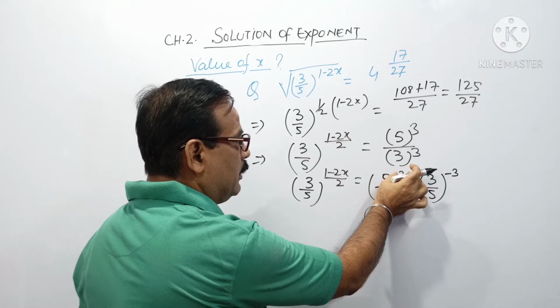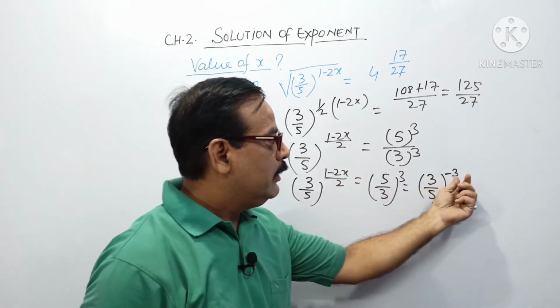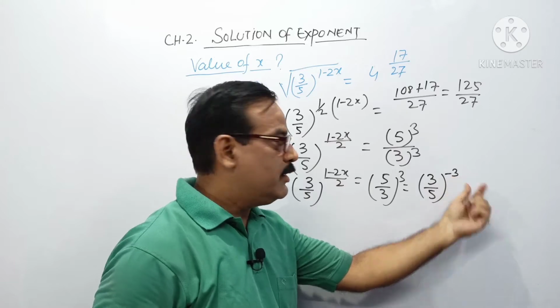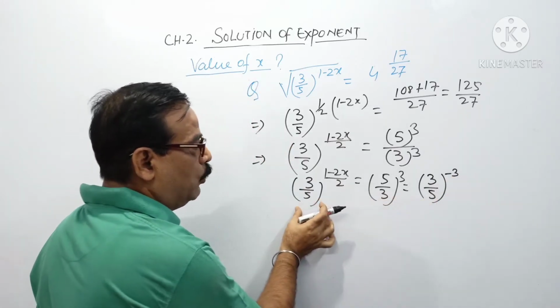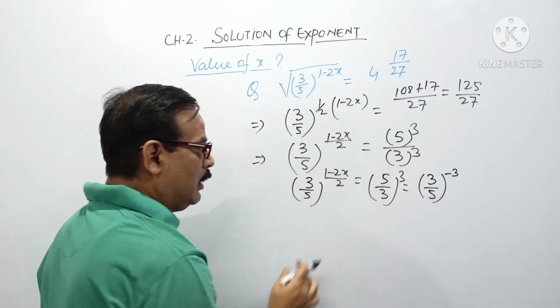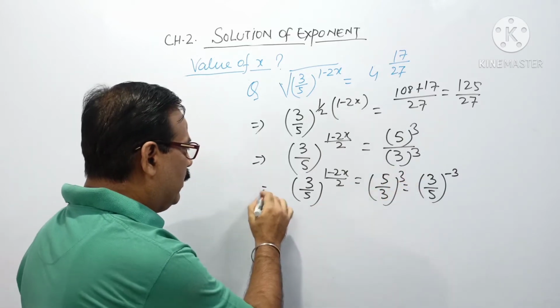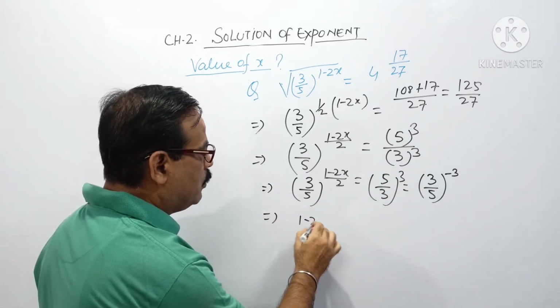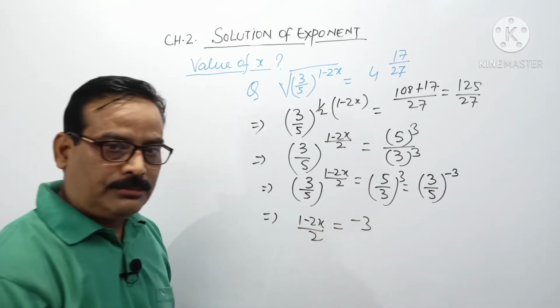So here is a positive sign, but when we reverse the number, the sign of the power is automatically changed. So now the base is equal, 3 by 5 here and also 3 by 5 there. If the base is equal, we can equate the powers. So the next step is 1 minus 2x by 2 is equal to minus 3.